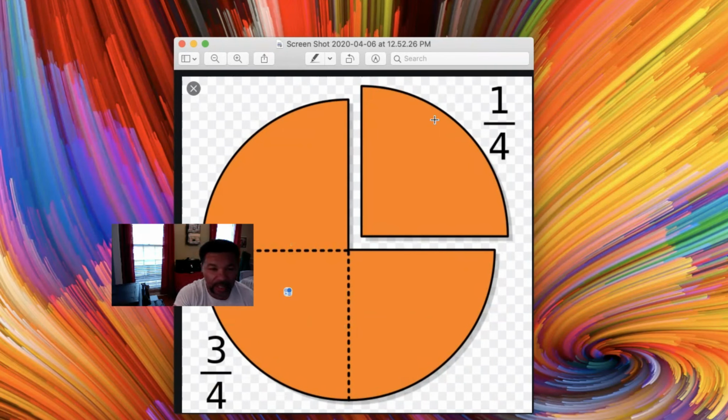Each section has this shape. How many sections is it cut into? They're cut into 4 parts that look equal. Same shape, same size. This is what you would call a perfect example of an equal part.